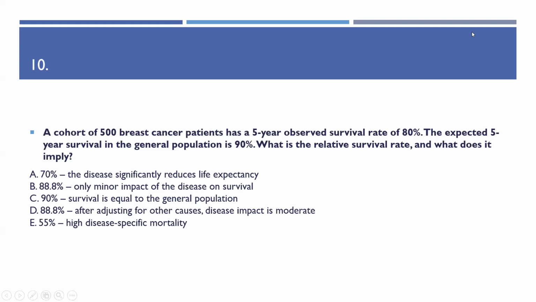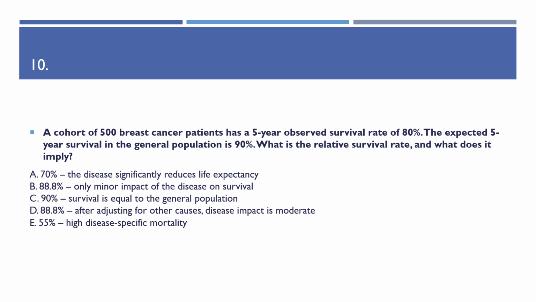MCQ number 10. A cohort of 500 breast cancer patients has a 5-year survival rate of 80%, and the expected 5-year survival in the general population is 90%. What is the relative survival rate and what does it imply? A, 70%, the disease significantly reduces life expectancy. B, 88.8%, only a minor impact of the disease on survival.